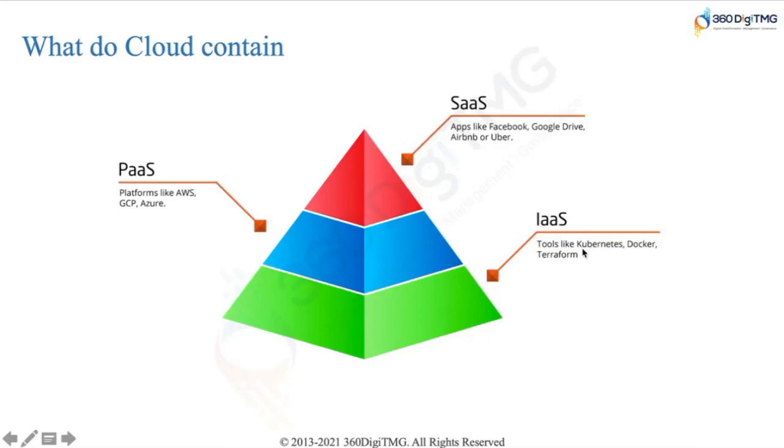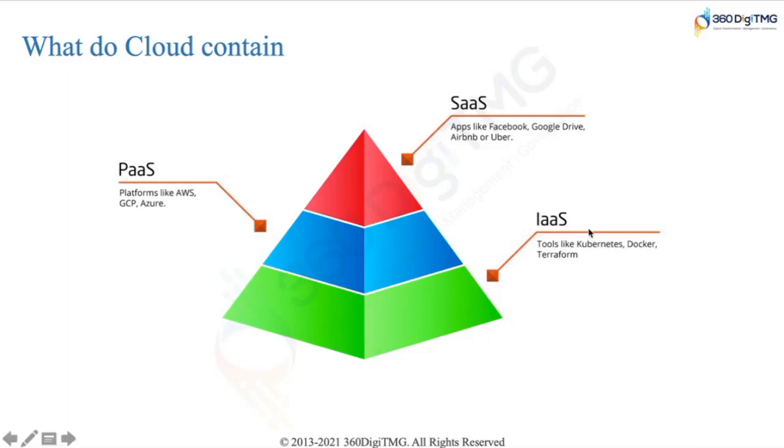Virtual machines, containers like Kubernetes, Docker, Terraform, which also run on virtual machines, again, are infrastructure as a service. If I want to launch my infrastructure as a database server, I can install MySQL server on the virtual machine, and I can maintain my database.